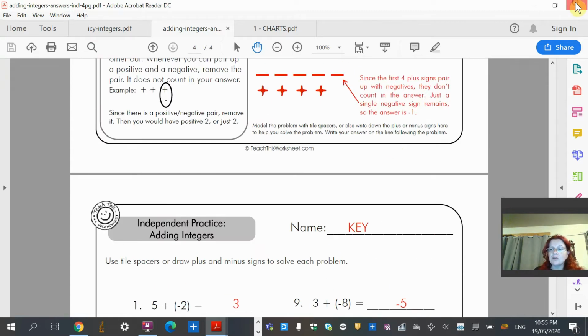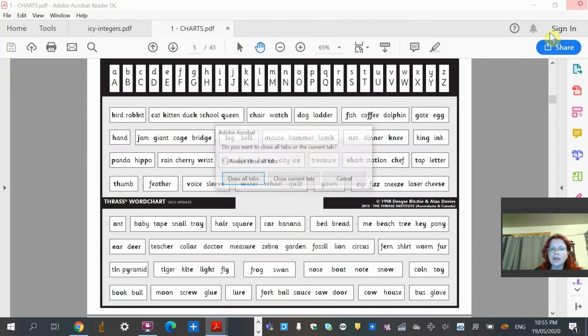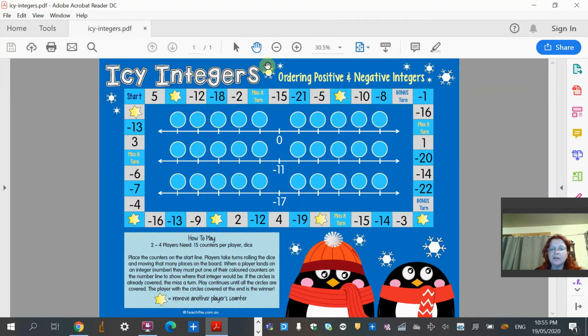Okay, the other little thing that I've put in is a game. I like this best out of both. I do this one because I think you guys really understood this really well. You just have some starters and some dice and some buttons or counters if you've got them at home. You roll the dice and you land on -18. You put your little counter there, and then you get another counter and you work out where -18 is.